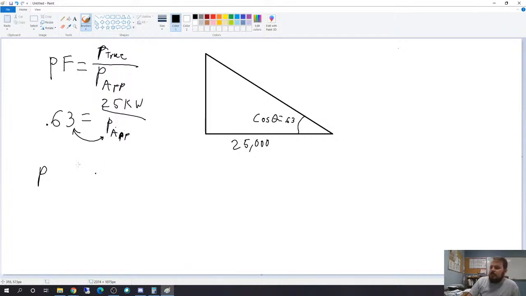Apparent power is equal to 25 kilowatts over 0.63. So let's do that.